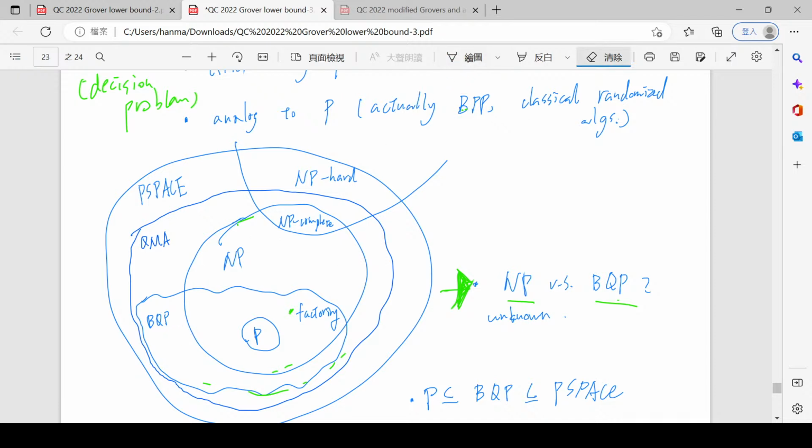And as a reminder, there are things that are NP-hard, which means harder than everything in NP. The intersection of NP-hard and NP is NP-complete, so everything in NP can be reduced to NP-complete problems. Okay, so that's NP versus BQP.